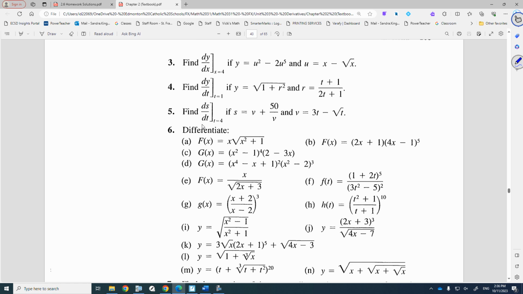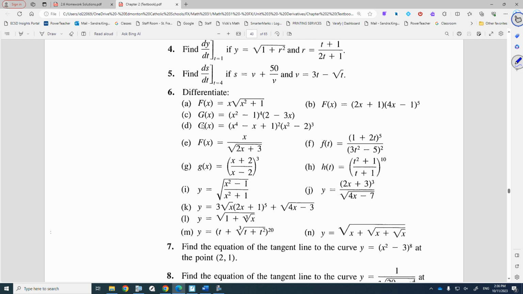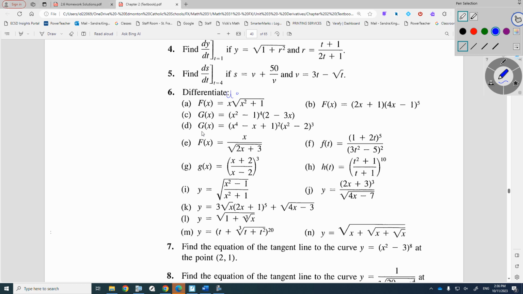And then number 6, did I say A and C? I want you to do u v prime for this. So like for number 6, this would be your u function, and this would be your v function.